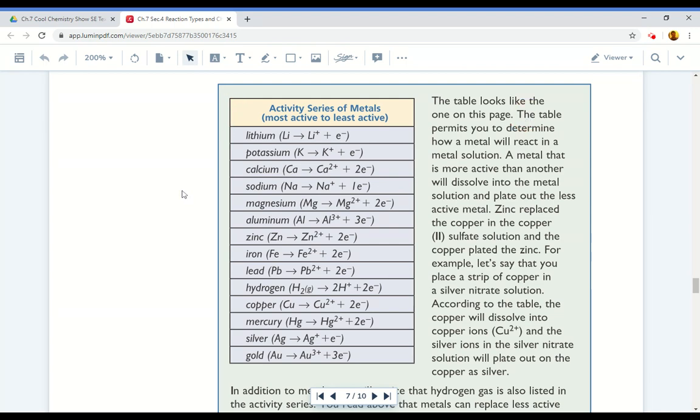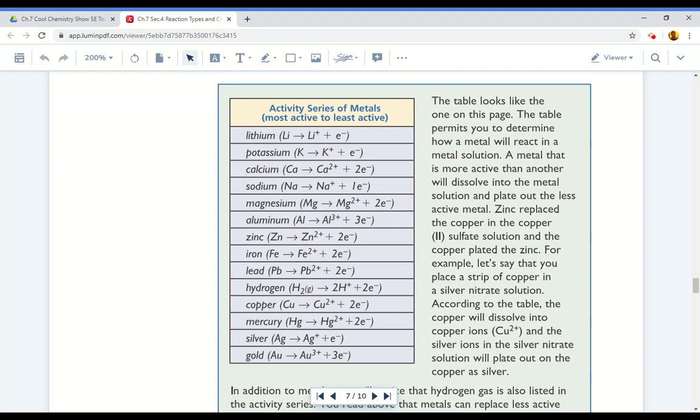The table permits you to determine how a metal will react in a metal solution. A metal that is more active than another will dissolve into the metal solution and plate out the less active metal. Zinc replaced the copper in the copper(II) sulfate solution, and the copper plated the zinc.